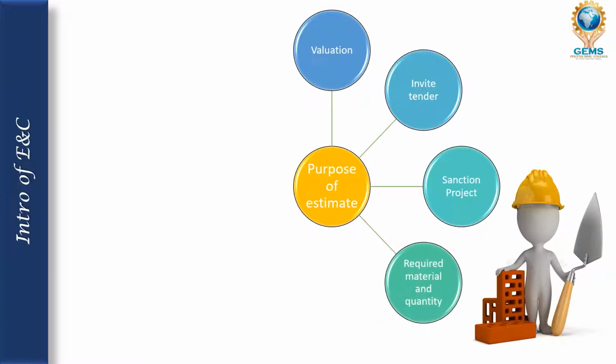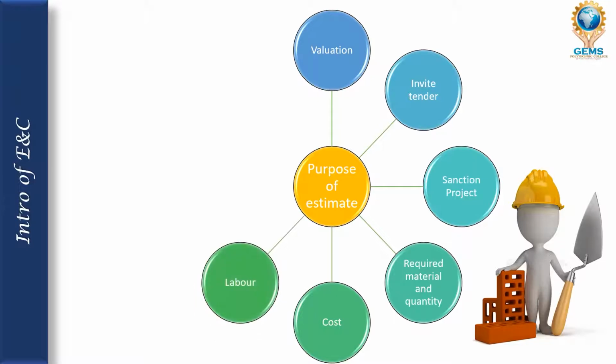Then the fourth one is required material and quantity. It is simple. For doing a construction, how much material is needed, and how much quantity of that material we need. Next one is cost. Cost is the overall cost of the construction of the building from the starting to the finish. Then labor.